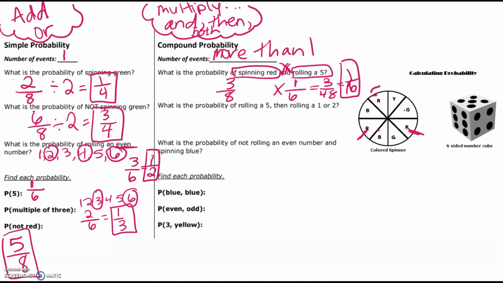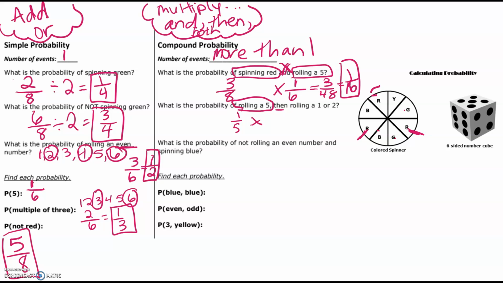What is the probability of rolling a 5, then rolling a 1 or 2? So this one's very compound. Okay, so let's break it down. First, they want rolling a 5. Well, luckily we already know that one, so we know that's going to be 1 out of 5. Then, the word "then" is going to tell us to multiply.